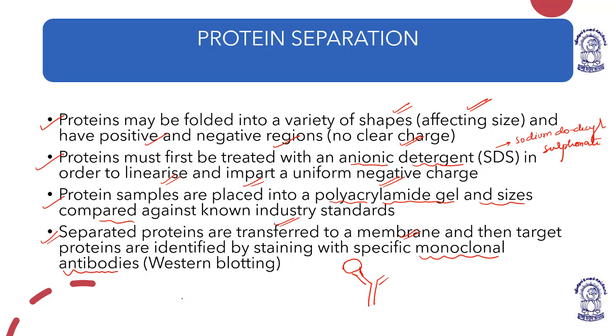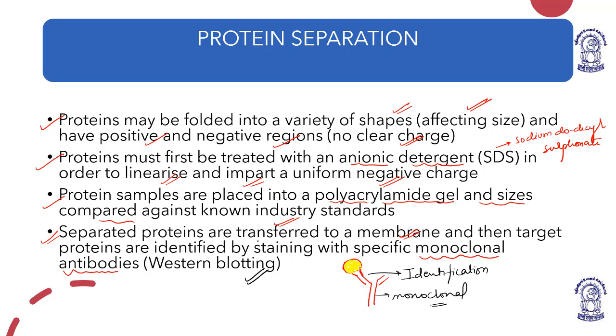If the protein is bonded to the antigenic determinant site, it gives the identification. So monoclonal antibodies identify the protein or proteinaceous product.